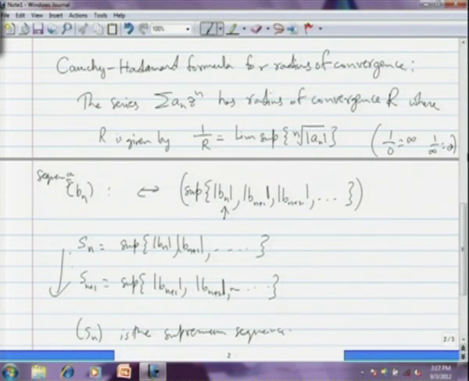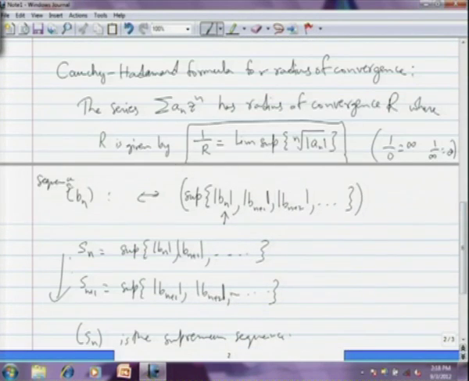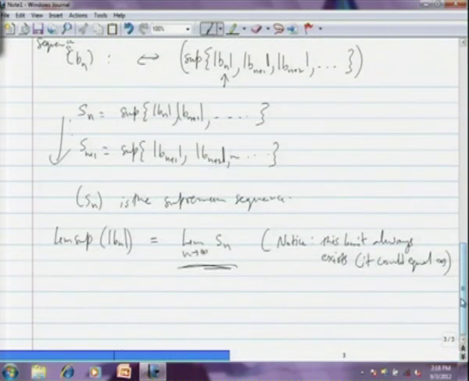With that agreement, we have a formula for the radius of convergence given by this equation. That is called the Cauchy Hadamard formula. I am not going to give a proof of this here. So, that is about the determination of the radius of convergence of a power series.